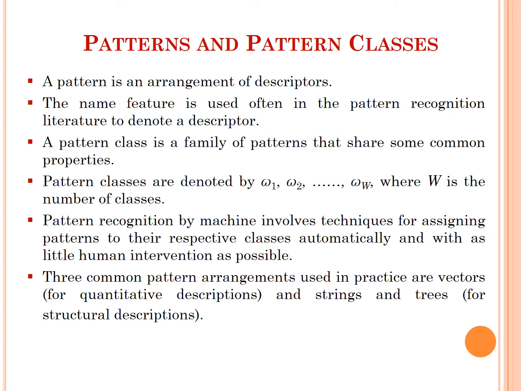Pattern recognition by machine involves techniques for assigning patterns to their respective classes automatically and with as little human intervention as possible. Three common pattern arrangements used in practice are vectors, that is for quantitative descriptions, and strings and trees for structural descriptions.